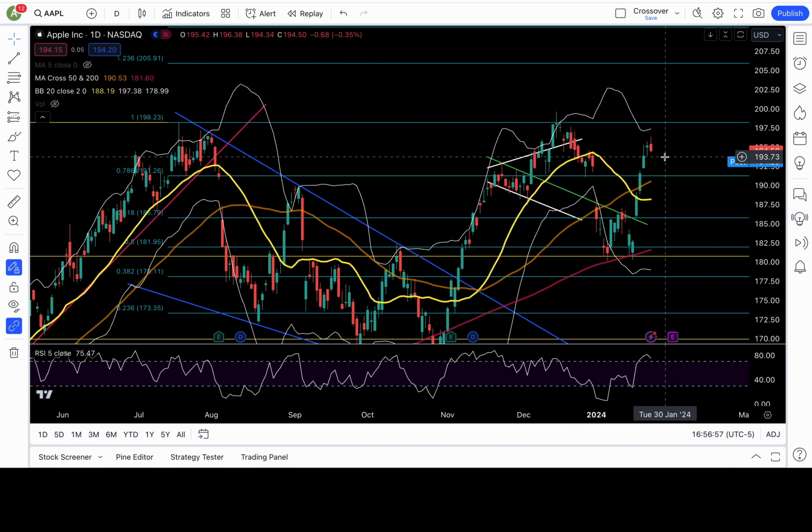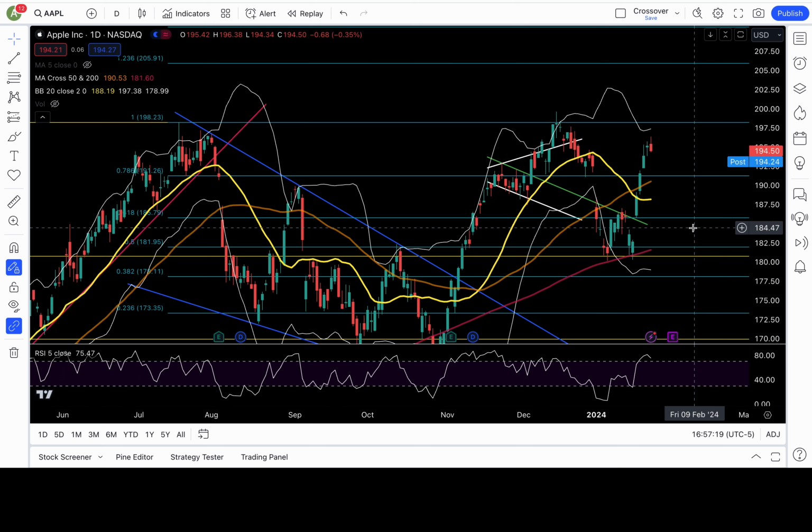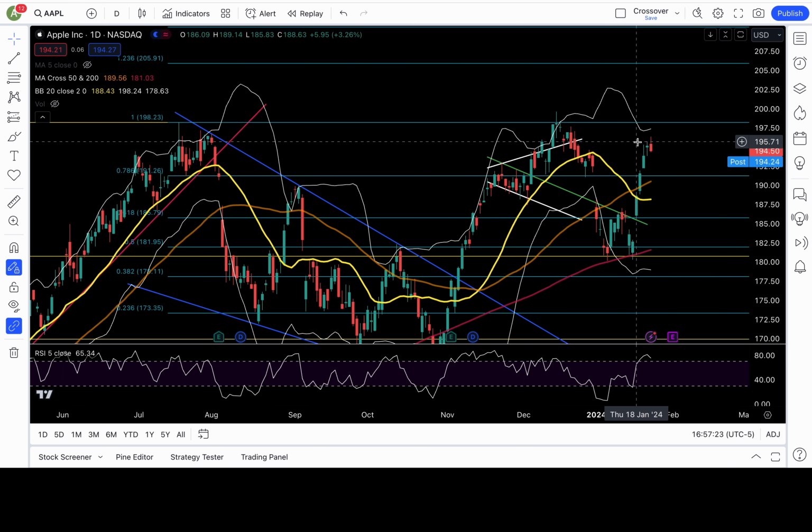Okay, so I have support at 193.8, 192.2, and 191.2. If we're going to be bearish, I like to see these levels fail. And if they do, we could go retest the 50. The 50 is now at 190.5. I tell you, if we lose that 50, I'd definitely be bearish on it.